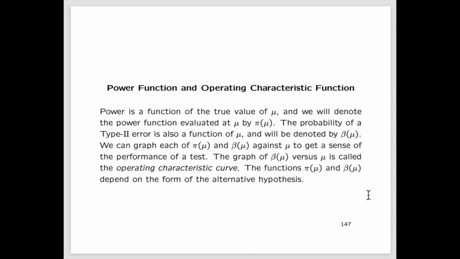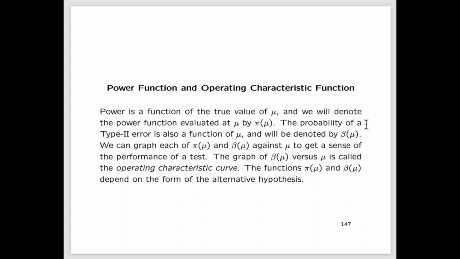With that in mind, we're going to denote the power function evaluated at mu, the true value of the population mean, using the lowercase Greek letter pi and function notation, with the argument mu in the parentheses. So the power of the test evaluated at mu is denoted by this notation here.